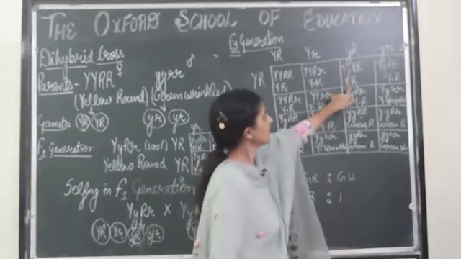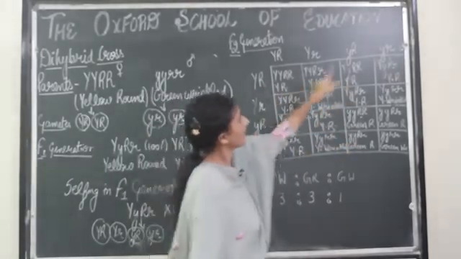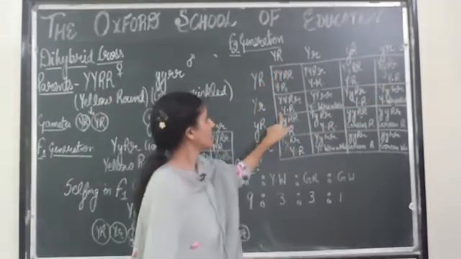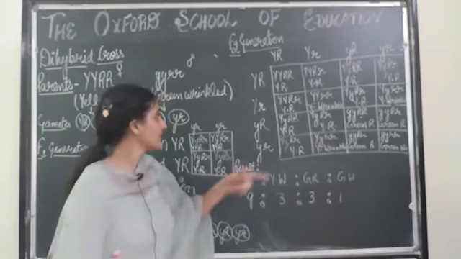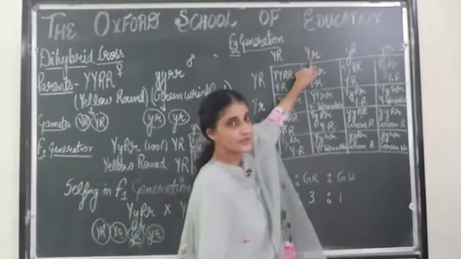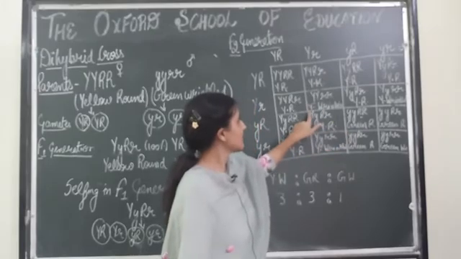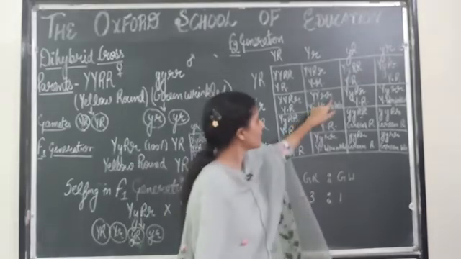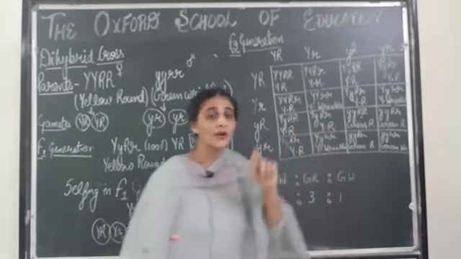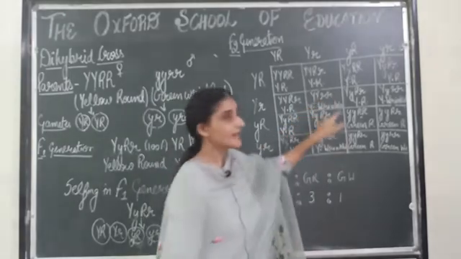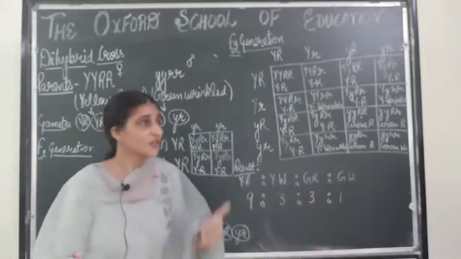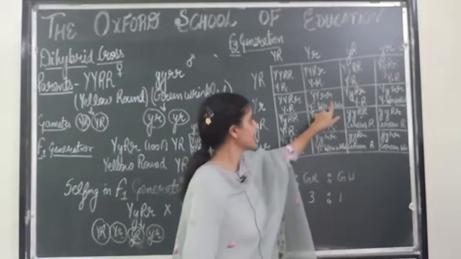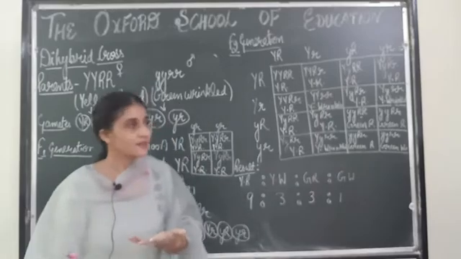Similarly, the third possibility will be again yellow round, again yellow round. And suppose this gamete fuses with this one, the possibility will be yellow round. In case this gamete fuses with this gamete of the second plant, the possibility will be yellow wrinkled. Wrinkled because only in homozygous conditions can recessive alleles express themselves. So you may see both R's are small, that means in the recessive condition they can express themselves.